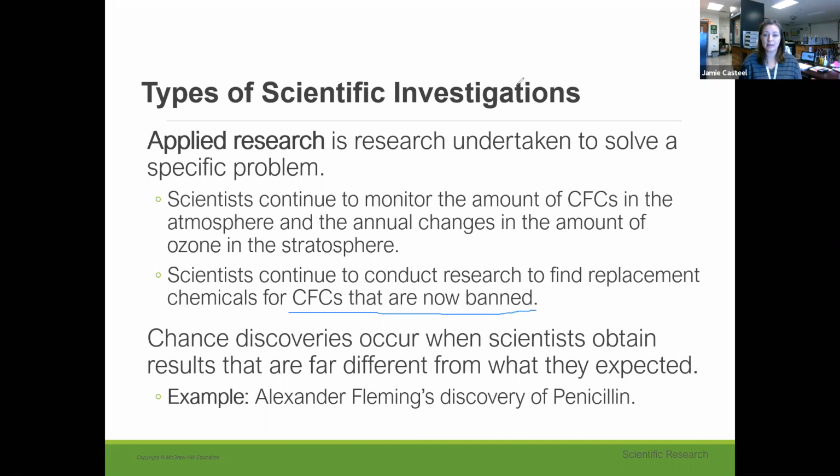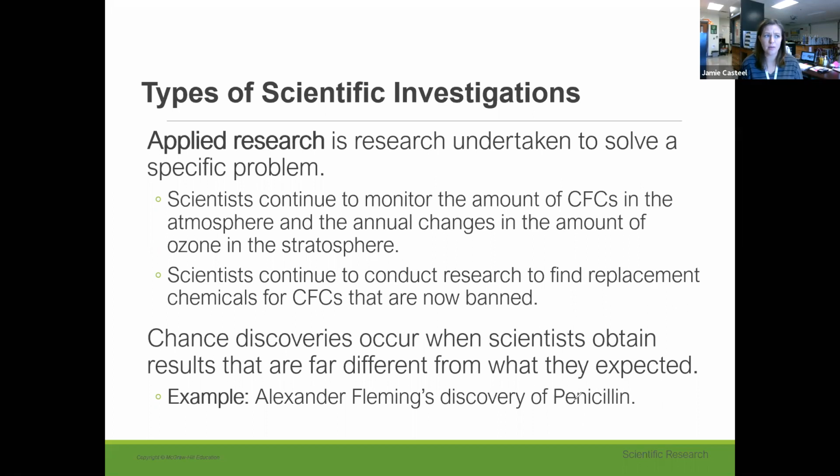So because he was able to kill the bacteria, he's like, I bet this could be used for bacterial infections. Or this could be used if somebody comes down with a staph infection. Maybe it'll work. And now we know that it's a perfect medicine for bacterial infections.